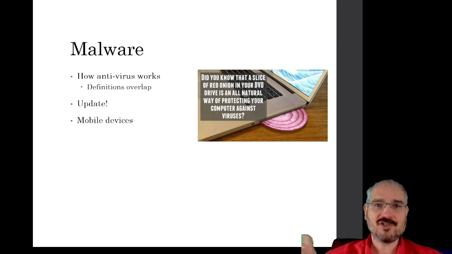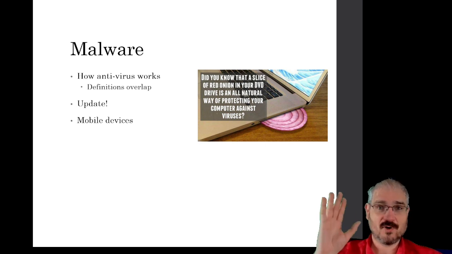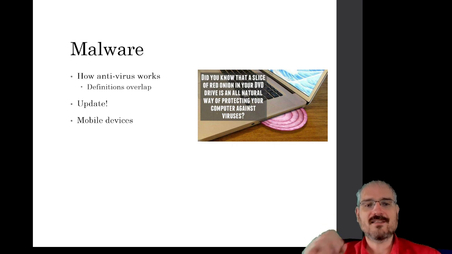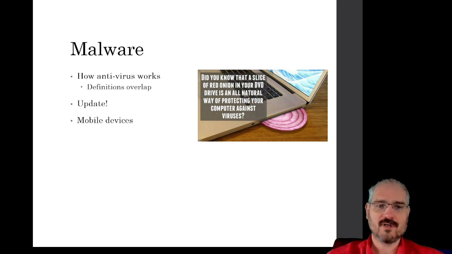And if there's any matches, it'll say, hey, you don't want to do this. This is some kind of virus. This is a ransomware program, whatever. Don't download this program.